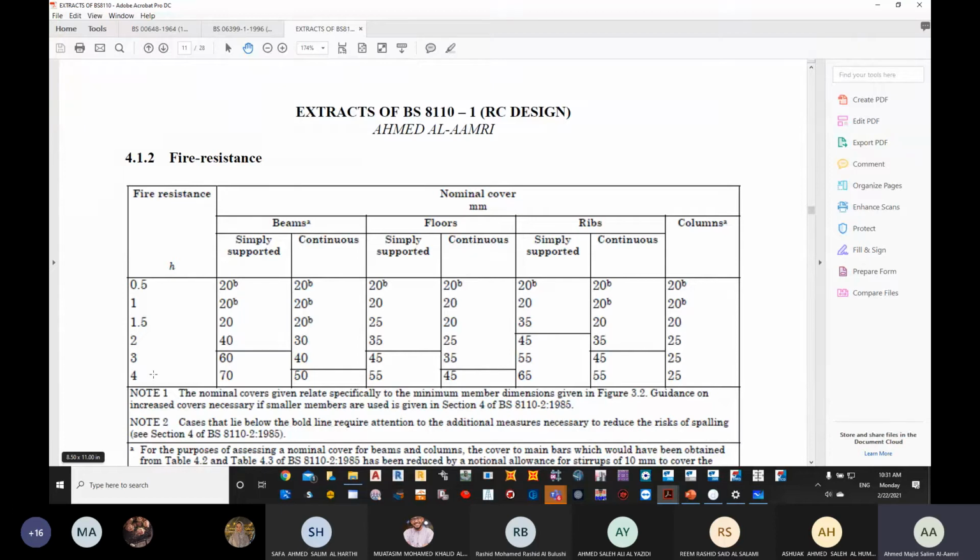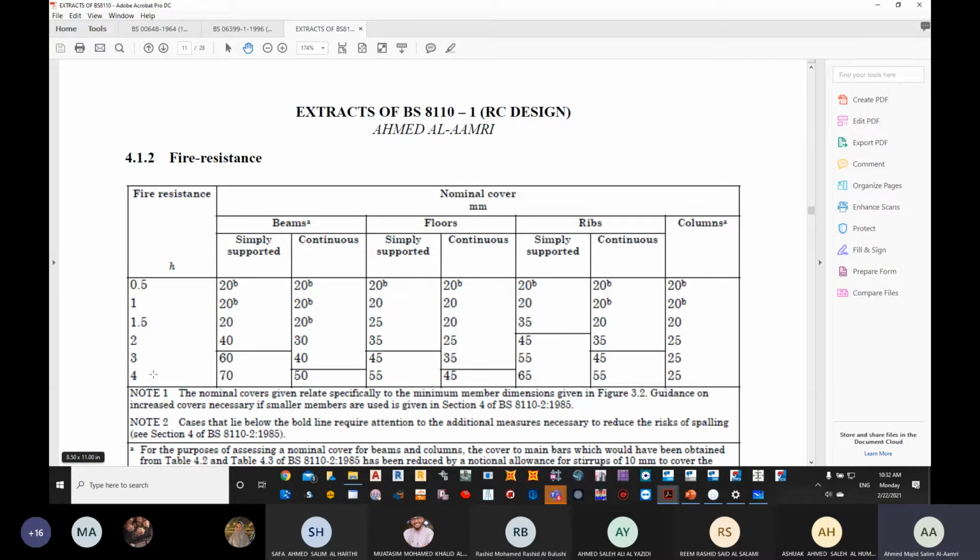Now, for example, if I'm designing a school, then half an hour is not logical. Since we have more students and the exits will be a little bit far, maybe 2 to 3 hours is going to be logical. If we are designing a hospital, we have a lot of patients, a lot of people who require a lot of care to go outside.